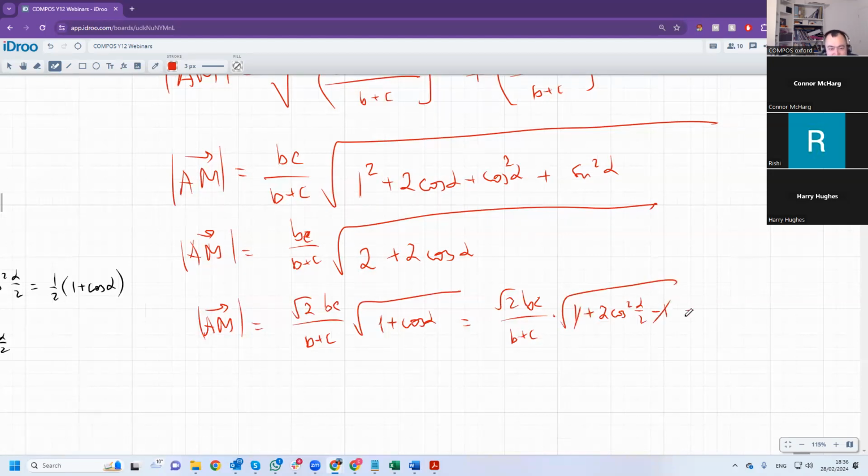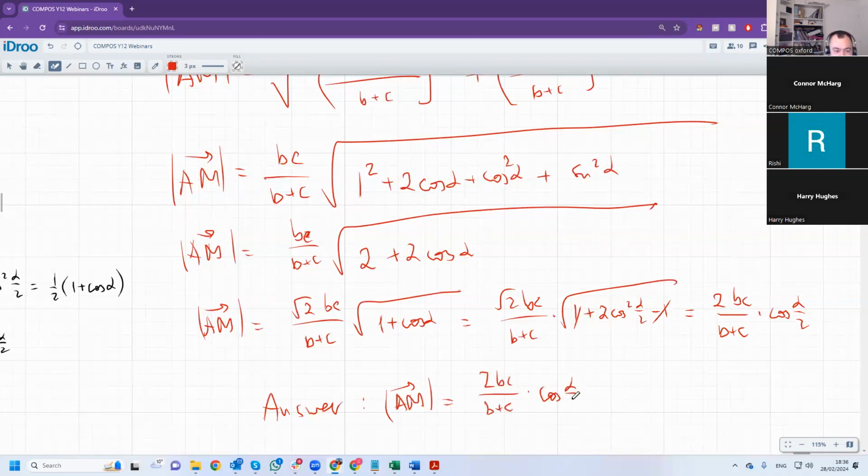Ooh, so it goes 2 bc over b plus c multiplied by cos alpha over 2. That's a beautiful answer for such a horrible question. All right, so apologies for taking ages with this, but the answer is AM is 2 bc over b plus c multiplied by cos alpha over 2.